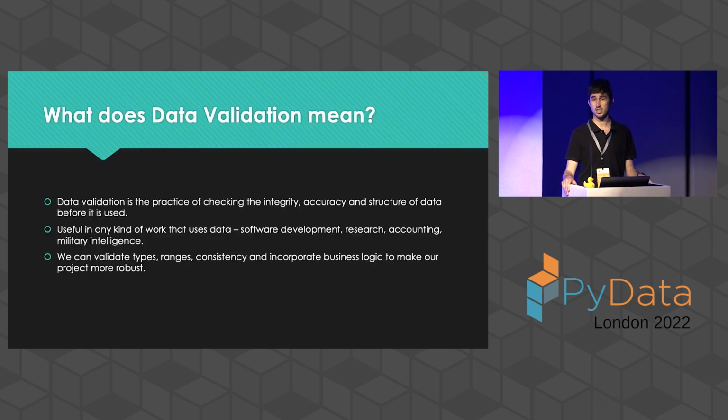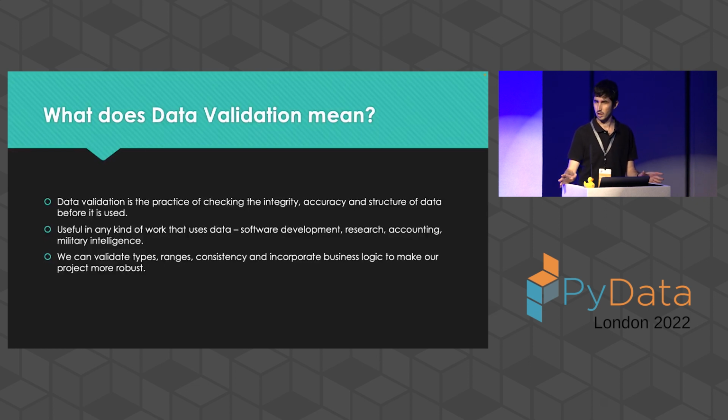So what does data validation actually mean? Data validation is the practice of checking the integrity, accuracy, and structure of data before it is used. And as you can imagine, data validation is essential not only for data science projects or even software projects in general, but any kind of work that uses data probably should have data validation steps in place. So if you're working in insurance and you have enormous Excel sheets, you probably need data validation.